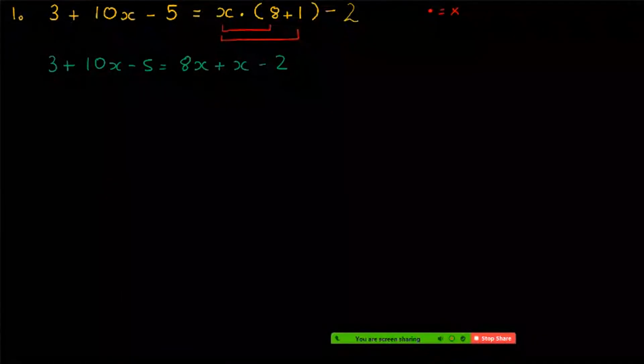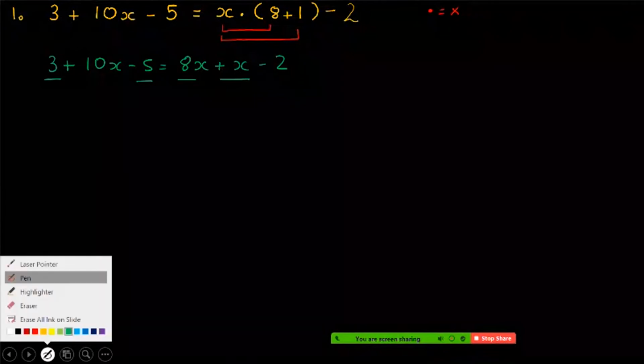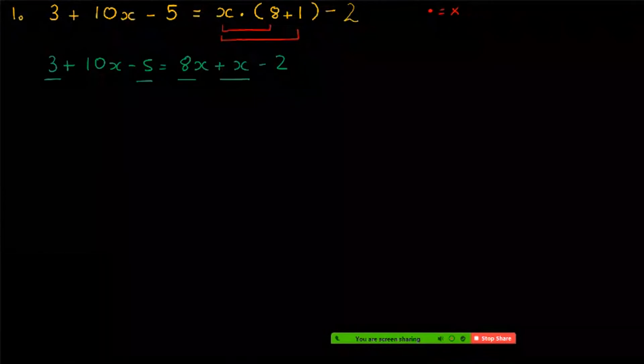We have 3 and minus 5, because they can be added together, and 8x and x, because they can be added together. So 3 minus 5 is minus 2. Let's change the color. So we have minus 2 plus 10x, and then 8x plus x is 9x, minus 2.